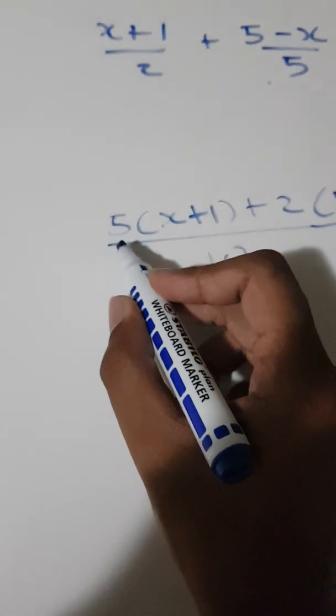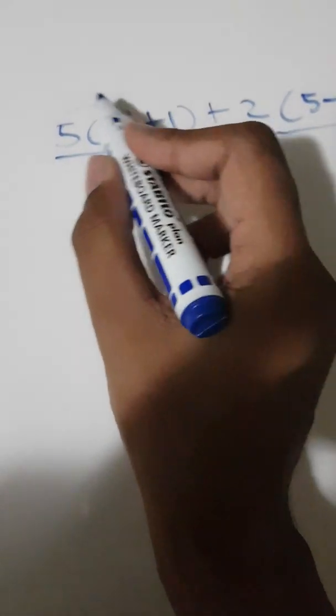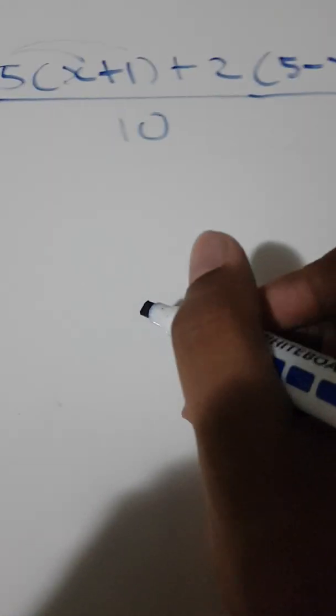So this will give us 5 multiplied by x, then 5 multiplied by 1. Then that will give us, bring down the vinculum, over 10.